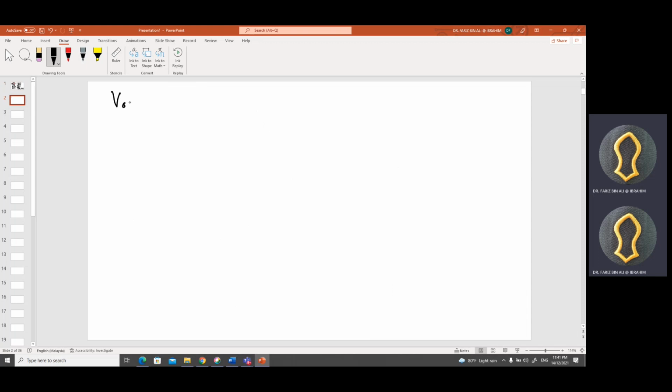Let's write down first our equation. V naught just now equal to 50s over (s plus 2)(s plus 1 over 3). Okay, so using partial fraction expansion, this 50s over (s plus 2)(s plus 1 over 3) is equal to A over s plus 2 plus B over s plus 1 over 3.